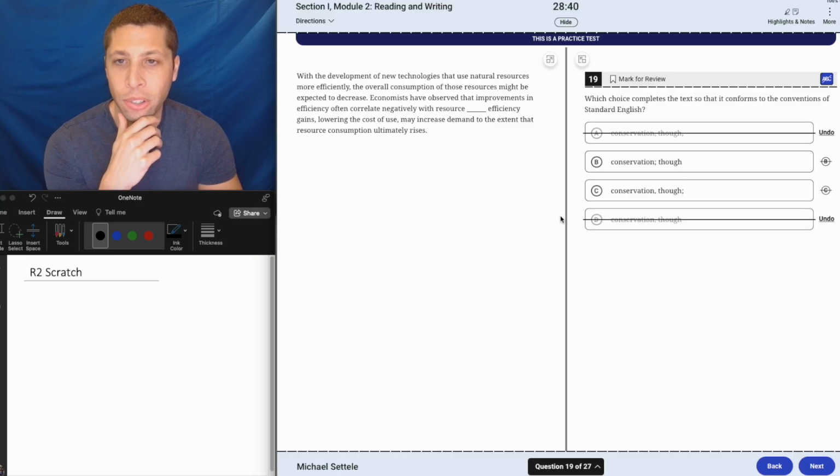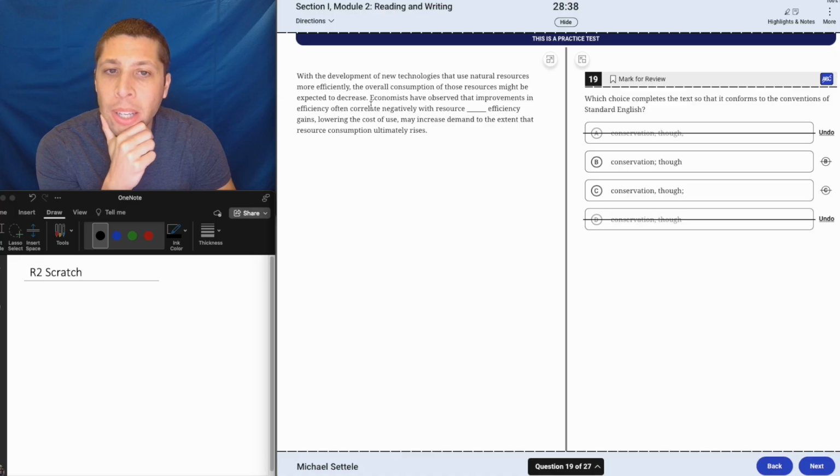With the development of new technologies that use natural resources more efficiently, the overall consumption of those resources might be expected to decrease. But economists have observed that improvements in efficiency often correlate negatively with resource conservation. Right? Is that right?